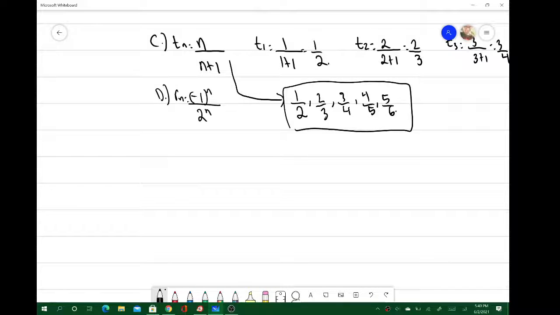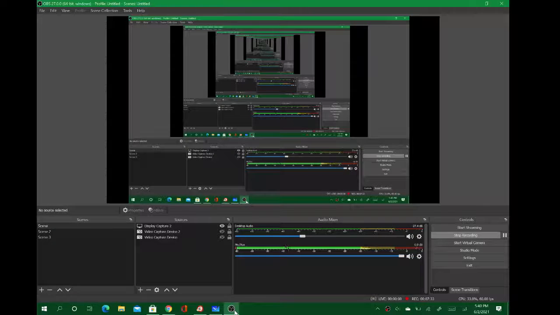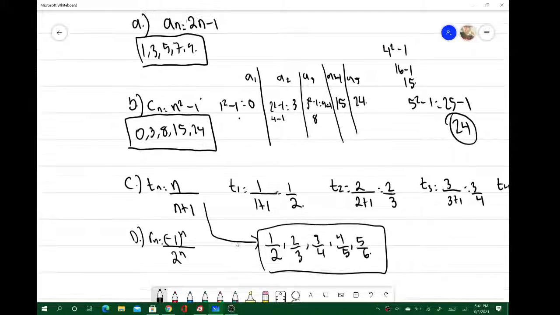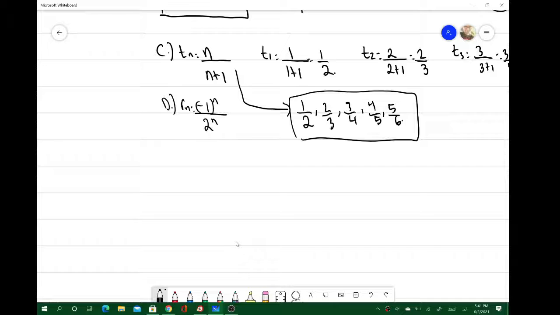Now for part D, you're going to do the exact same thing, from n equals 1 to n equals 5. So r sub 1 is going to be -1 to the first power over 2 to the first power. That's just -1 over 2.